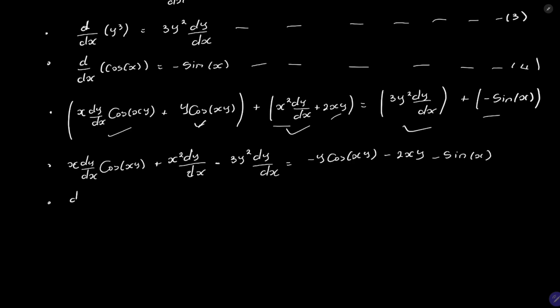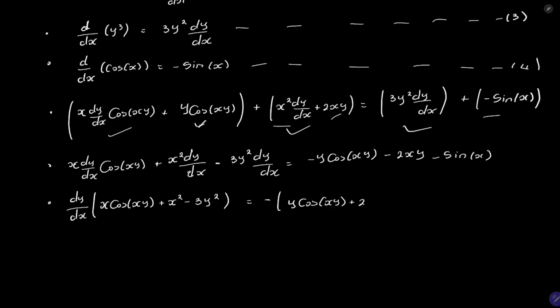We can then factorize dy/dx, leaving us with x cos xy plus x squared minus 3y squared equal to minus, let's factorize minus out, y cos xy plus 2xy plus sine x.